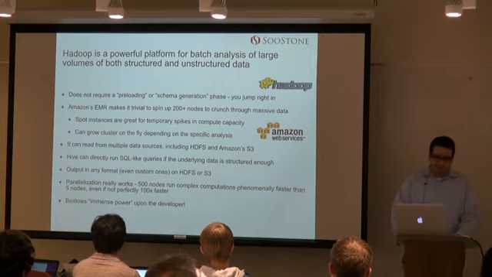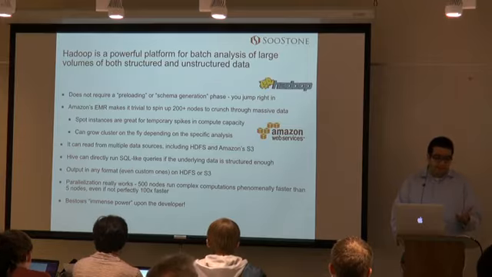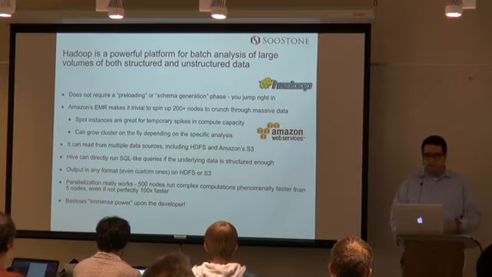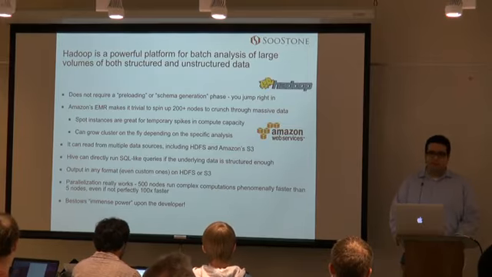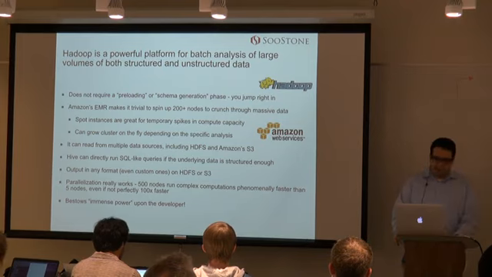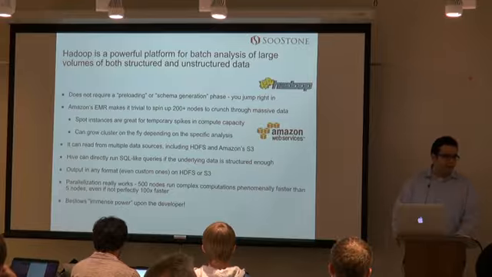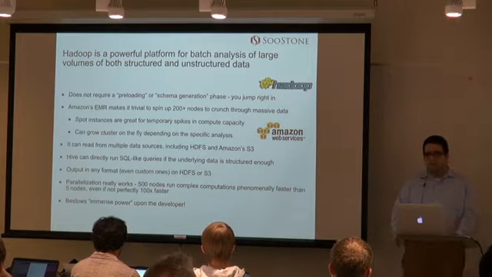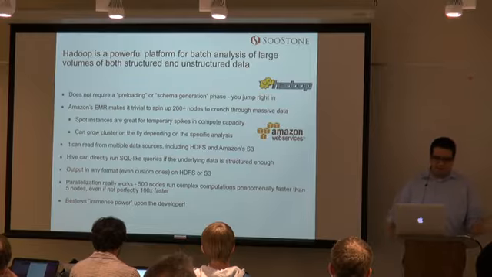So this is probably old news to everyone, but it's actually a very powerful platform. Recently, there's been all kinds of new databases and real-time systems. That's true, but Hadoop still is pretty powerful, especially when coupled with something like Amazon Web Services. You can spin up, say, 300 nodes within 10 minutes, crunch through a lot of data, and shut them down.